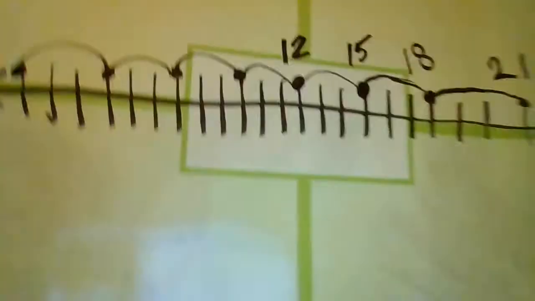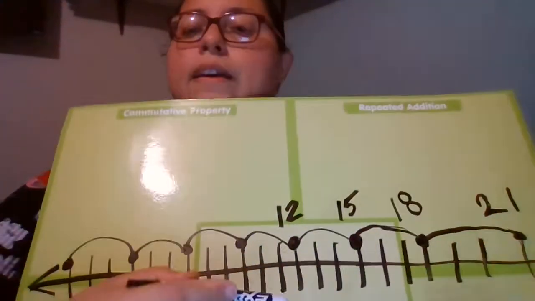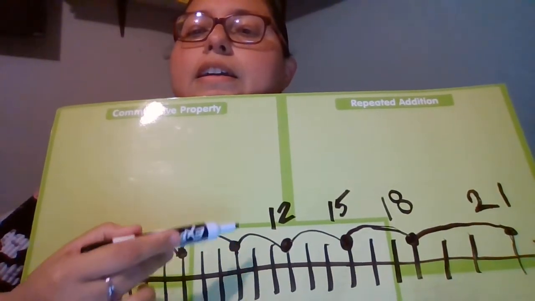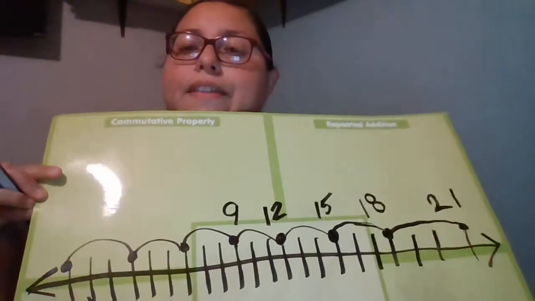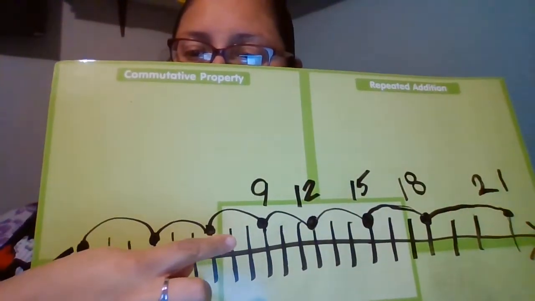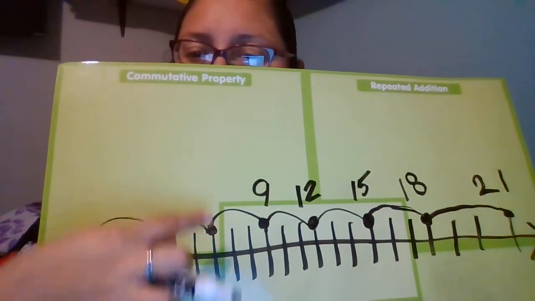And 3 more. See? So here we were at 12, 11, 10, 9. So let's write 9. And then from 9, we're going to go 8, 7, 6. Right here. Stop at 6.